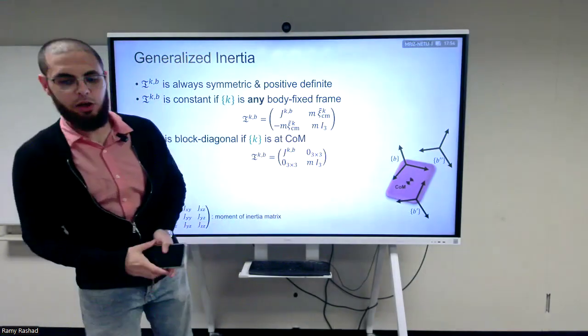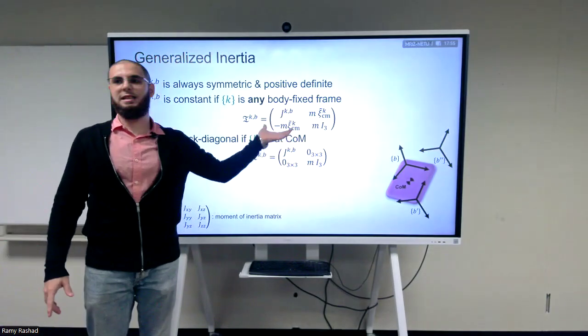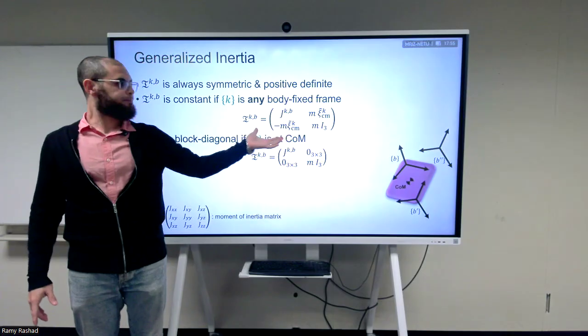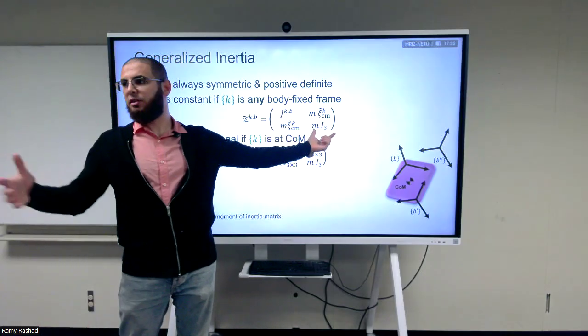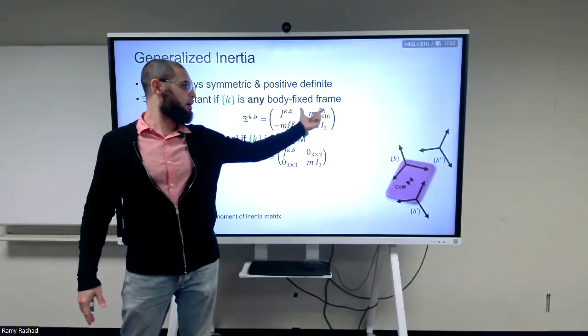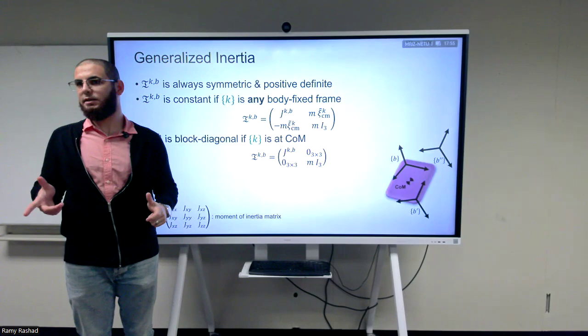If you represent the inertia in any one of these frames, you'll always get a matrix that looks like this. You have the J on the top, the M redundantly multiplied by an identity matrix, and here on the diagonal you have the location of the center of mass.